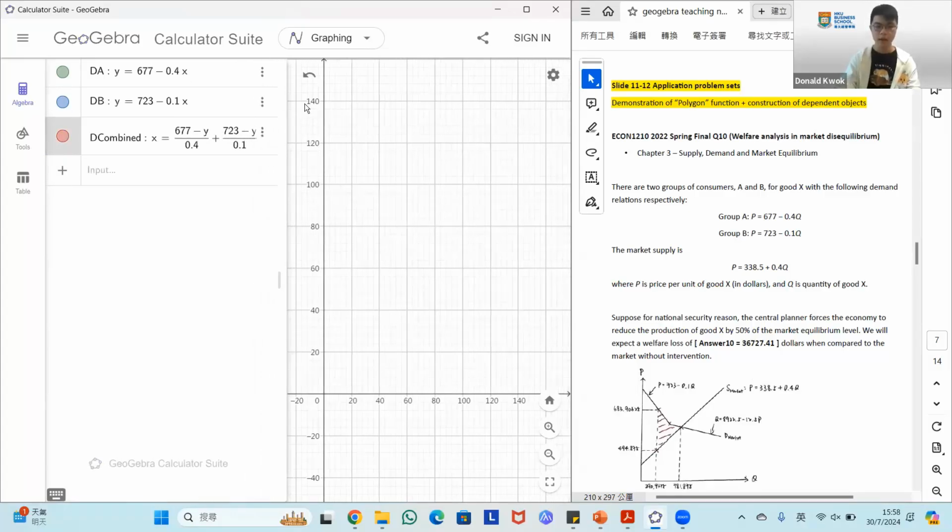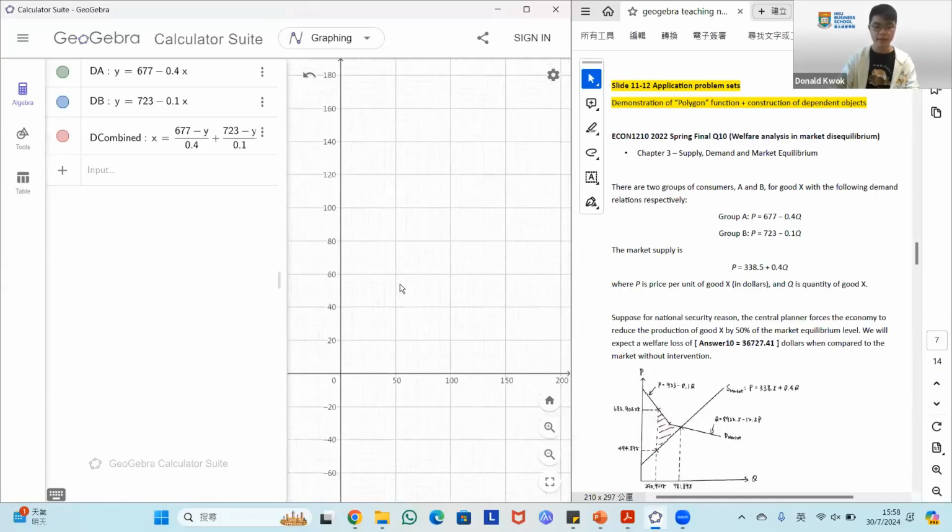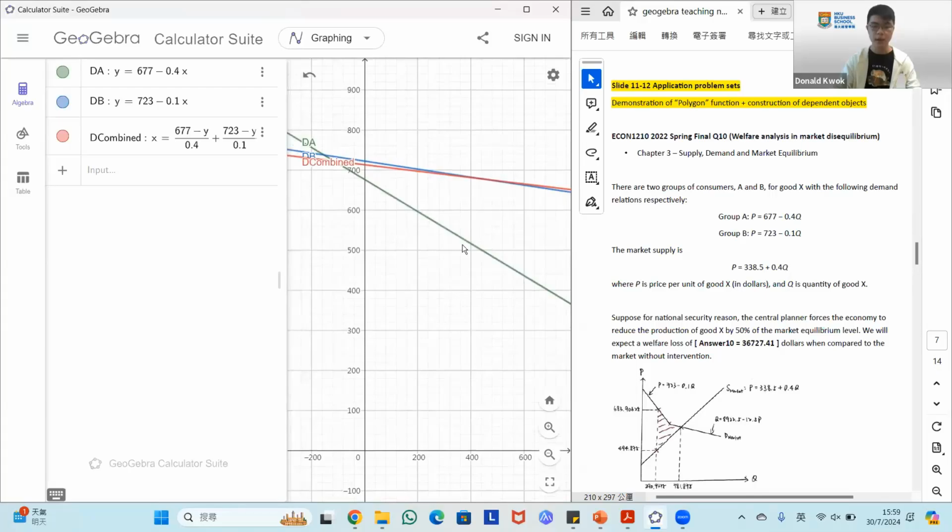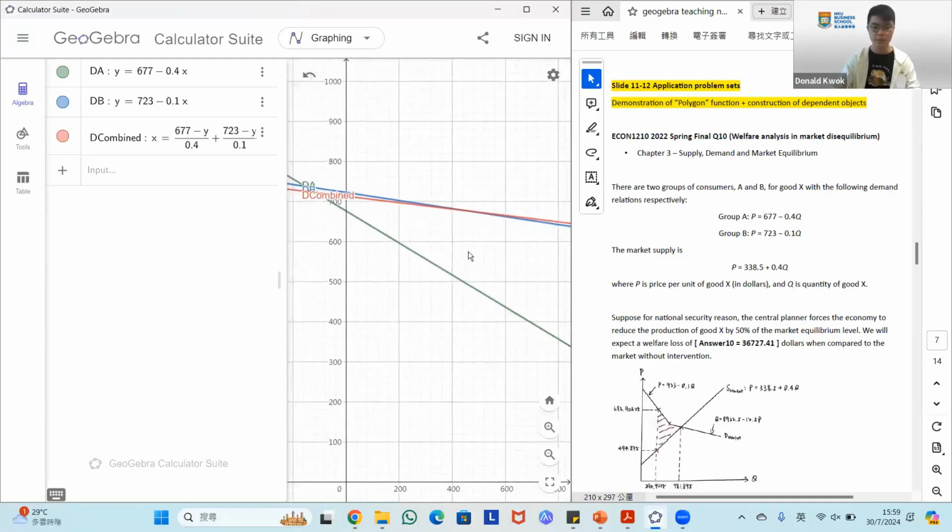However, remember, the combined demand curve here is kinked, because when the price is higher than 677, Group A consumers are not going to buy positive units, but only Group B does. So this is why we will take only the individual demand expression for Group B to represent the market demand curve when the price is higher than 677.